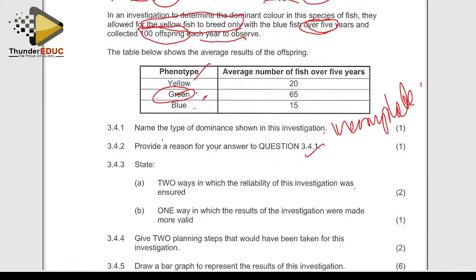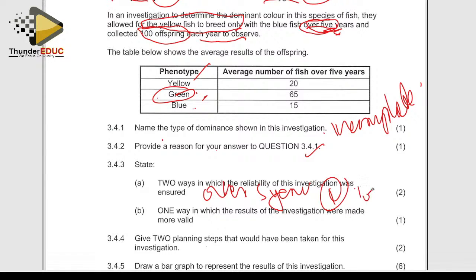So how did they do the reliability here? They repeated the experiment over 5 years. So that is the key point. You see, that's number one. Number two, they used a large sample size. They collected 100 offsprings each year.